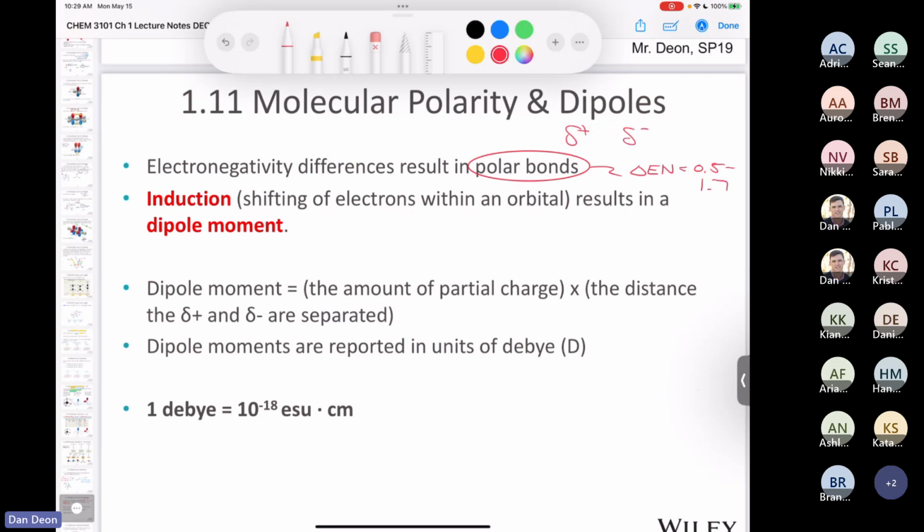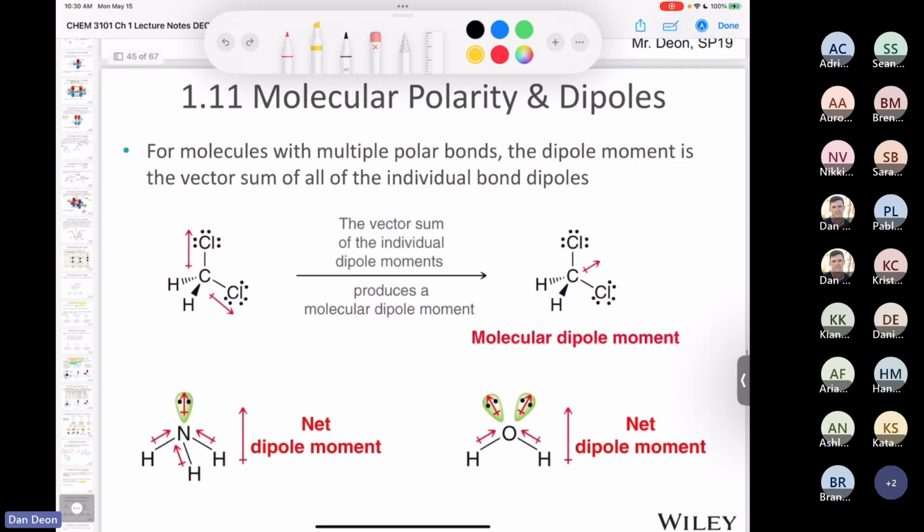Well, there is a way to quantify dipoles, like which one is stronger than another, using what's called a dipole moment, and that's measured in debyes. In the textbook, it goes into what a debye is and how it's defined. I recommend reading it. However, I'm not going to ask you any questions about calculations with debyes. The only thing you would want to know in this class is that the stronger the dipole is, the greater the dipole moment would be, so it's going to be a higher number. That's really all you need to know.